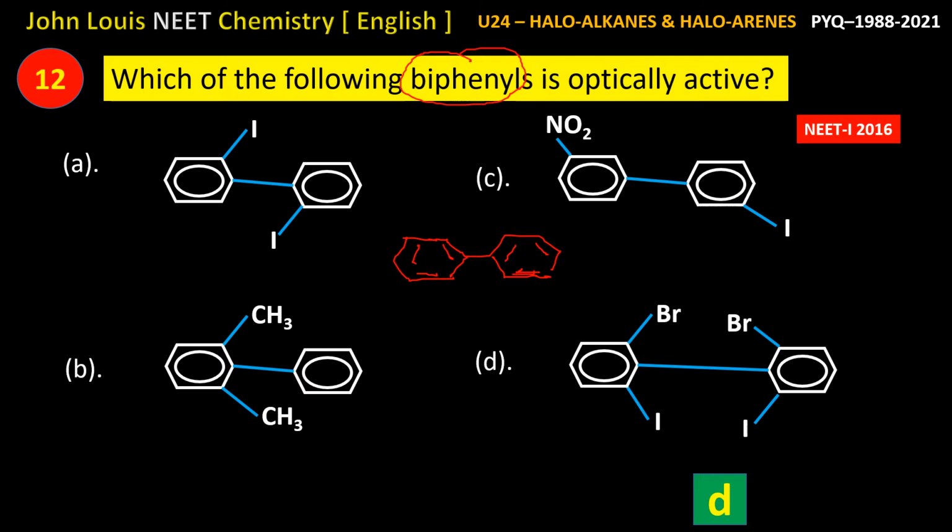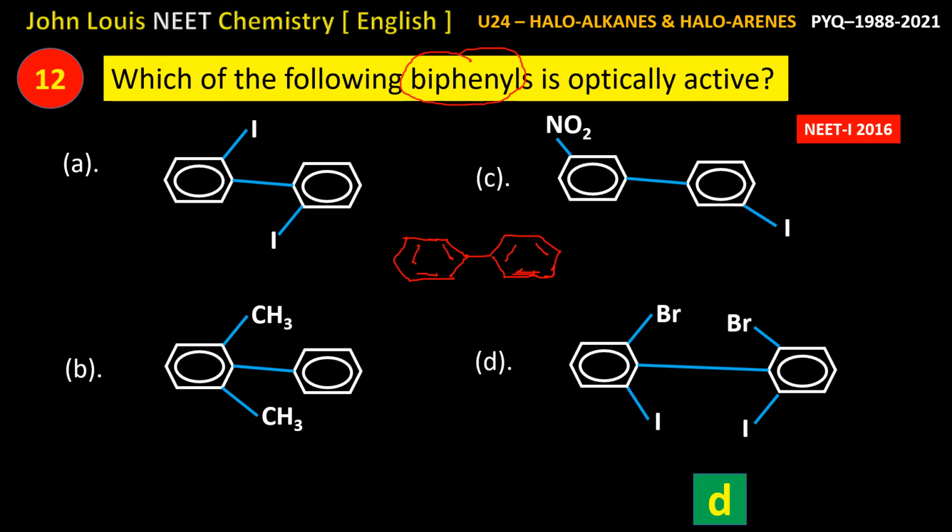So these type of compounds are optically active under two conditions. So in fact they do not have any chiral carbon because every carbon is having a double bond. Therefore there is no chance of a carbon bonded to four different groups. Therefore there is no chiral carbon, yet they exhibit optical isomerism. How?